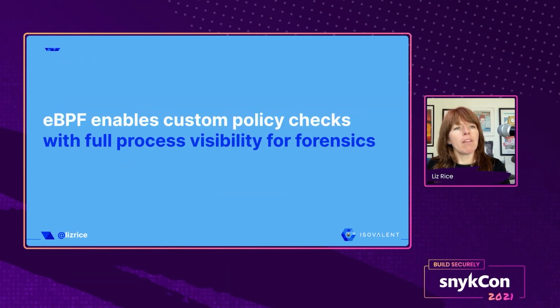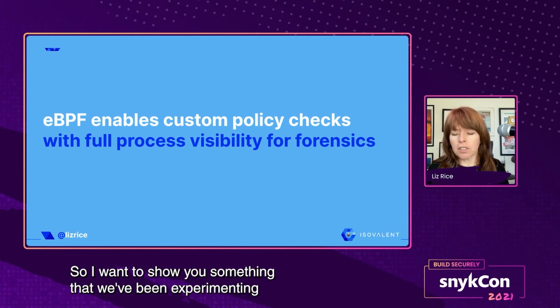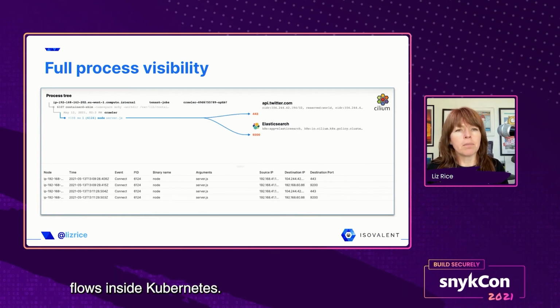So eBPF gives us this ability to create policy checking tools, and it gives us real in-depth visibility. So I want to show you something that we've been experimenting with, where Cilium is aware of the networking flows inside Kubernetes.